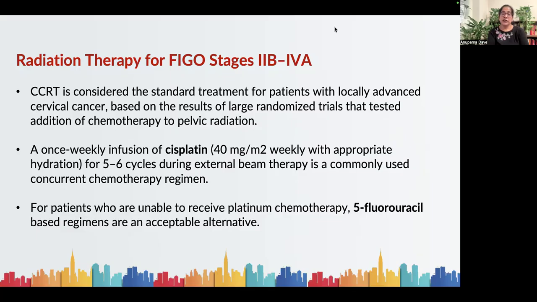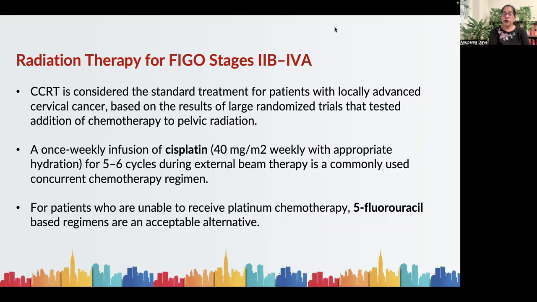Now, for stages 2B up to 4A, CCRT is considered the standard treatment, especially in patients with locally advanced cervical cancer, based on the results of large randomized controlled trials that tested the addition of chemotherapy to pelvic irradiation.